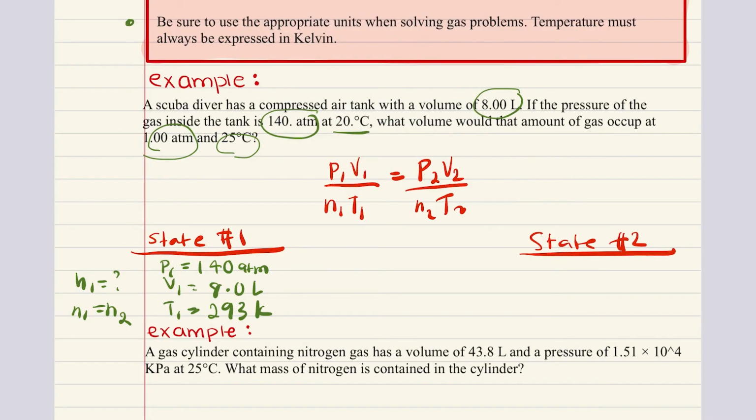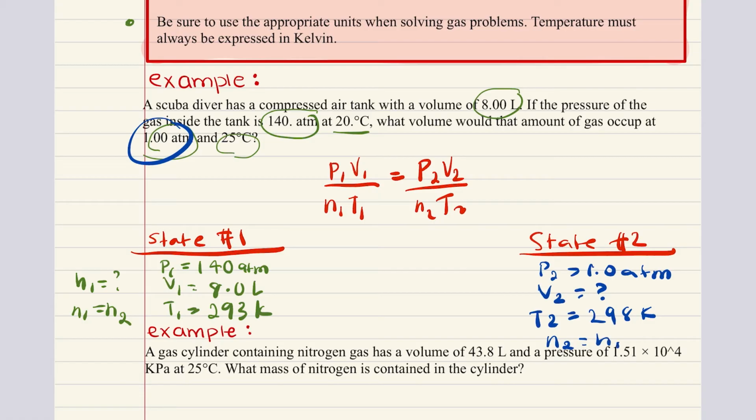We're given that we have a P2 of 1 atmosphere. We don't know what V2 is. And T2 is 25 degrees Celsius, so we're going to convert that to Kelvin. 25 plus 273 is 298 Kelvin. And then again, we're not given n2, but n2 is equal to n1.